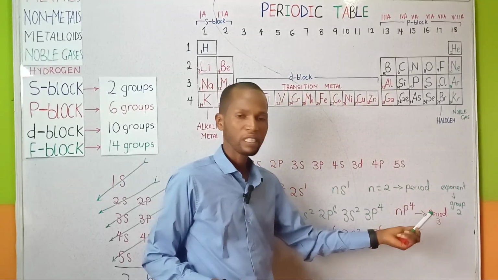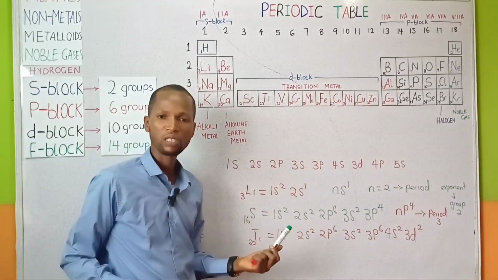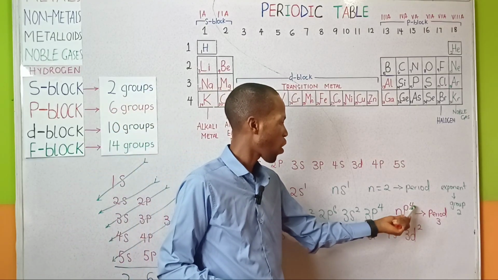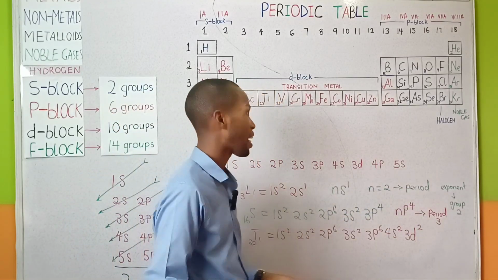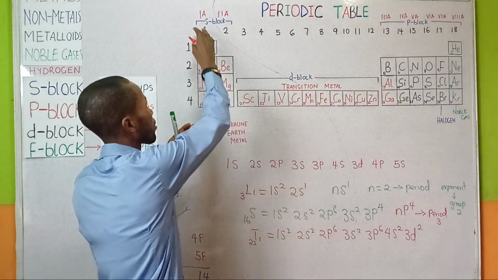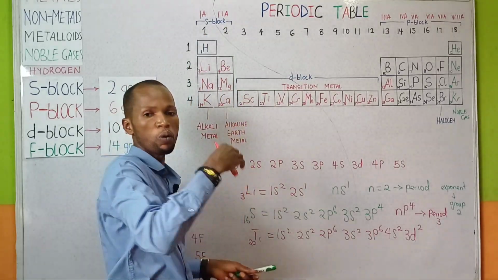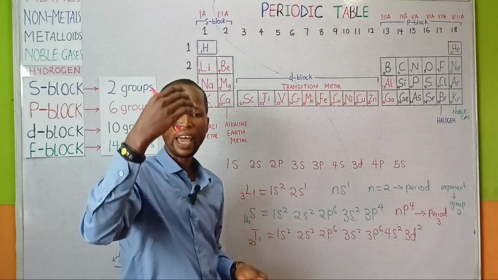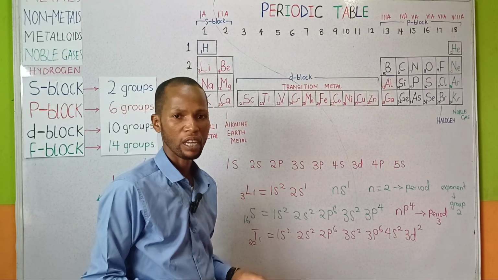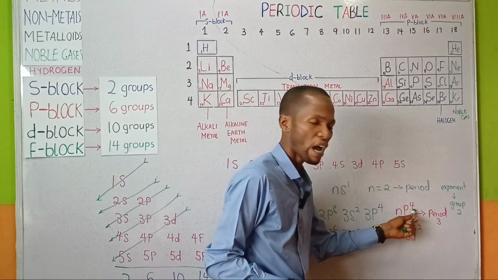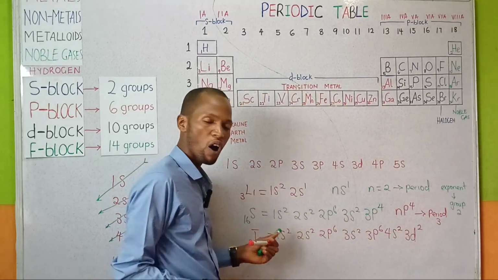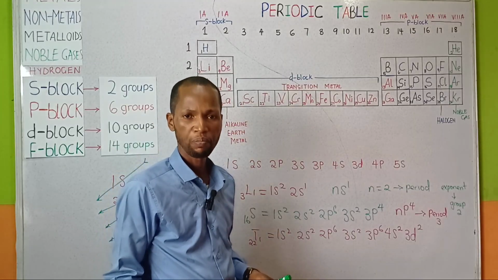And can we check the group in which sulfur is found? So we have 4 as the exponent here. Recall that the first 2 groups right here represent the s block. So we'll always add 2 to the exponent of every p block element. So can we check? We have 4 right here and we add 2 to it, which implies that sulfur is found in what?